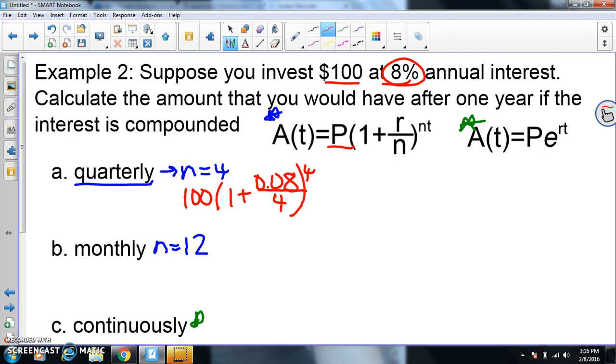If you put that in your calculator, you then get $108.24.